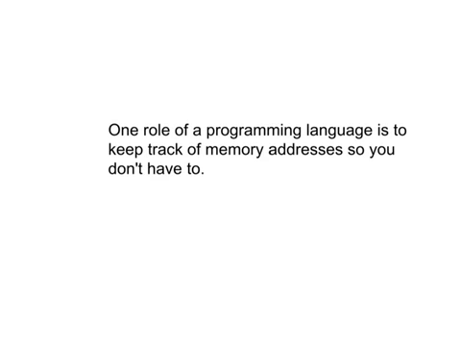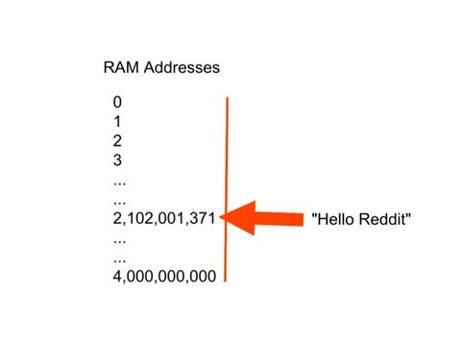Now, here is an example of this in action. So let's imagine we have the string of text that says, "Hello Reddit," and our programming language puts it somewhere in memory between 0 and 4 billion. We have no idea where the programming language decided to put our data.